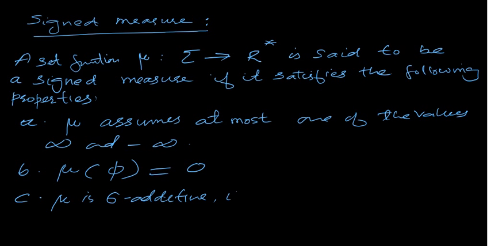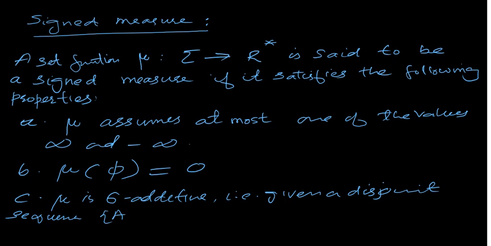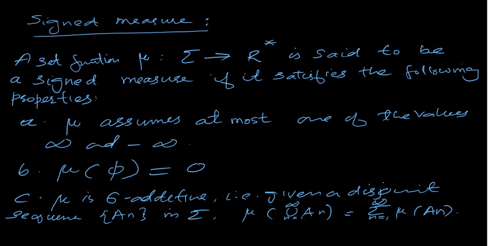Sigma additive means that given a disjoint sequence a n in sigma, we should have mu of the disjoint union of a n, n runs from 1 to infinity, is equal to the summation, n runs from 1 to infinity, of mu of a n. So these are the three properties of signed measure.